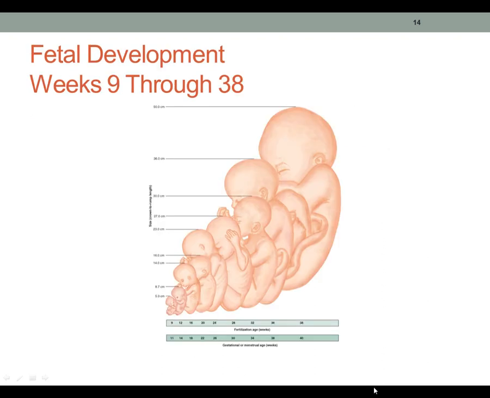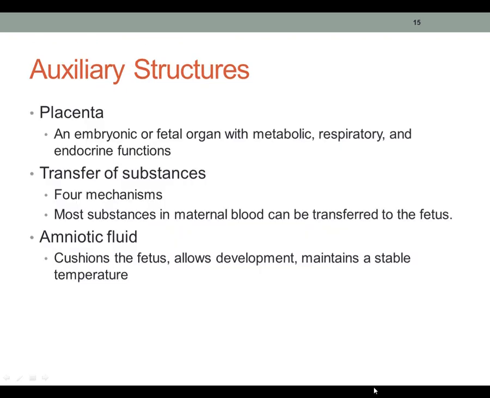Now that we're getting up to 33 to 38, this is when we really have a lot of growth. All the body systems are in place, ready to work, and fetus is getting ready to be born. Okay, so some auxiliary structures that are needed for the survival of the fetus in utero.